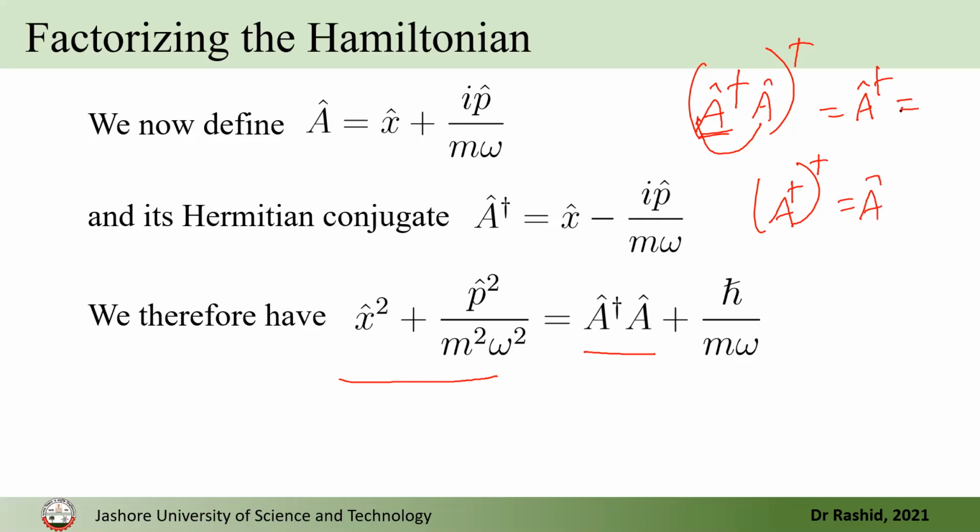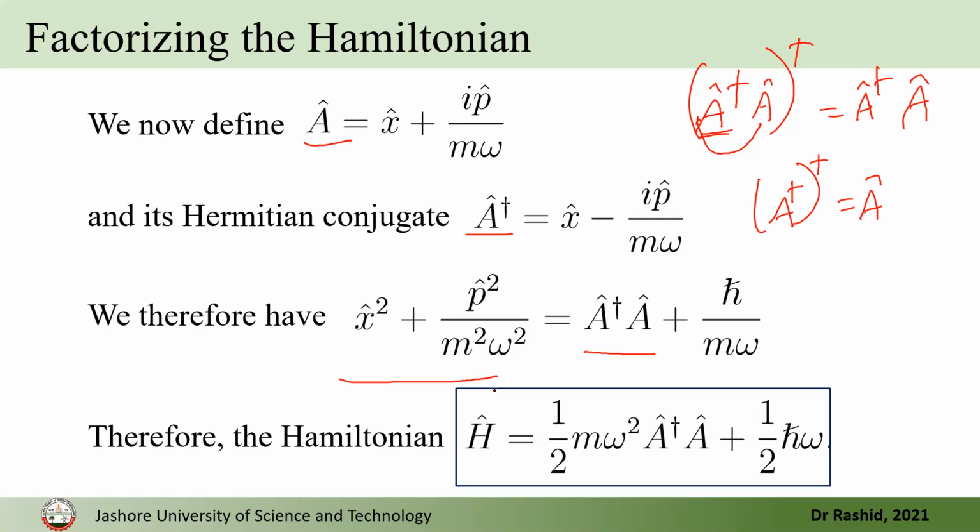So therefore we can see that a hat and a hat dagger are not Hermitian, but this product is Hermitian. So the Hamiltonian becomes like this, which is Hermitian.